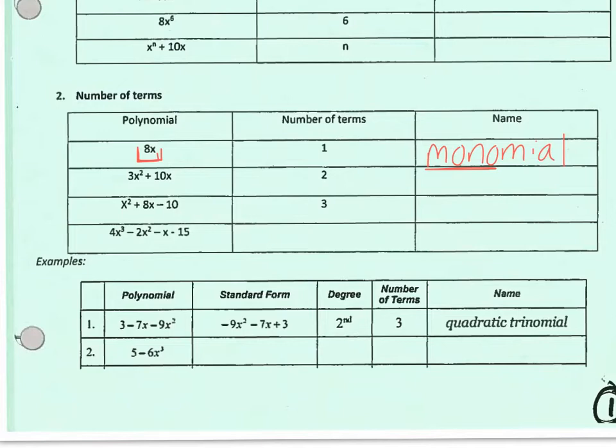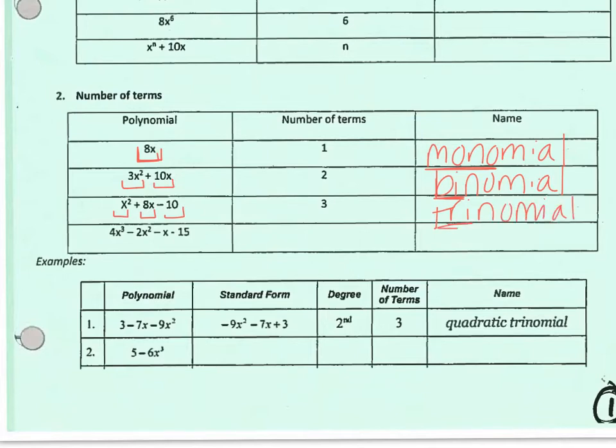The next one has two terms. 3x squared is one term. 10x is the second term. And so we call that a binomial. Bi meaning two. The next one is a 3-term polynomial, so we call that a trinomial.